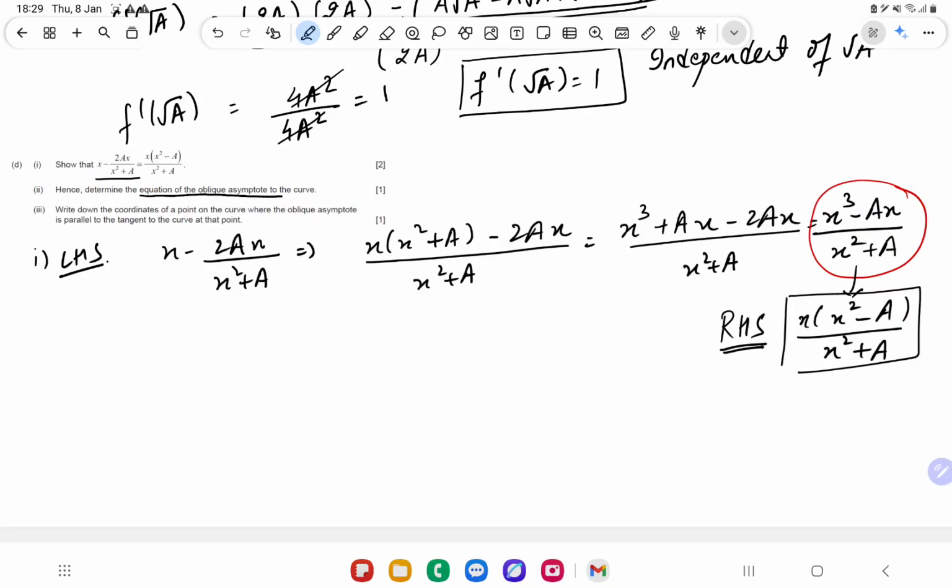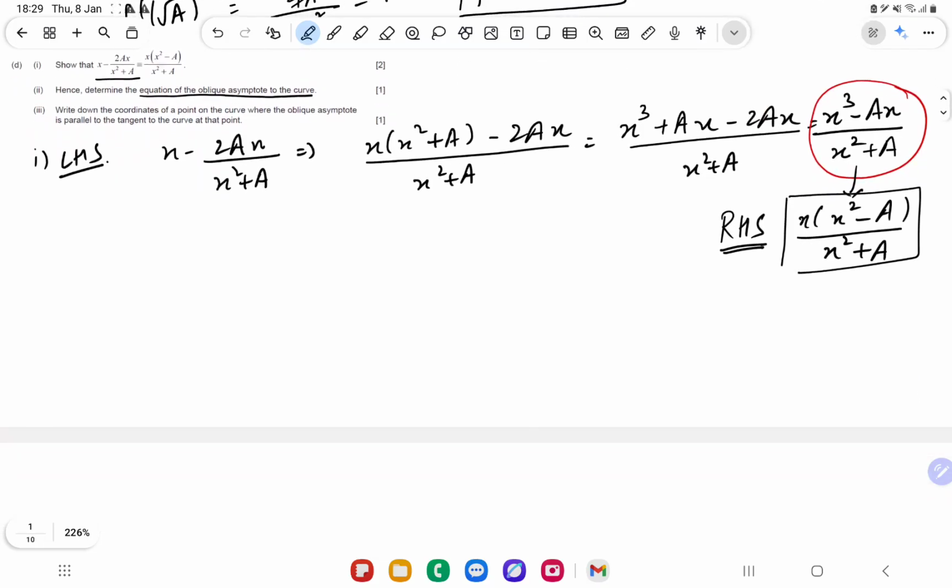Determine the equation of the oblique asymptote to the curve. Before determining the equation, let's first understand what an oblique asymptote is.